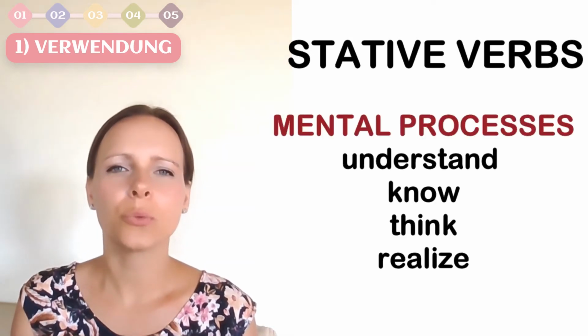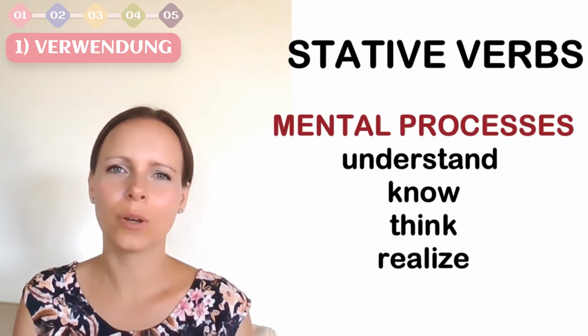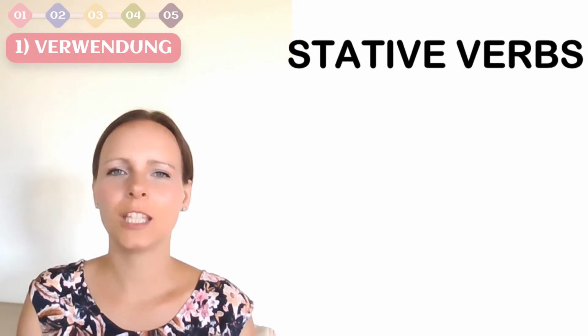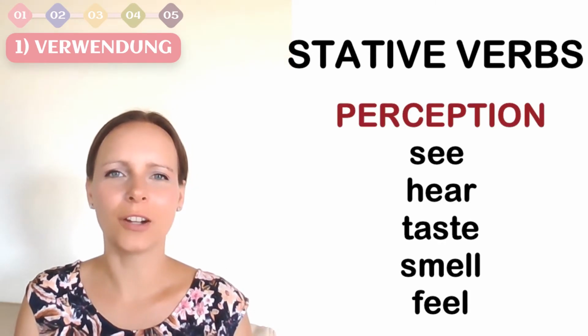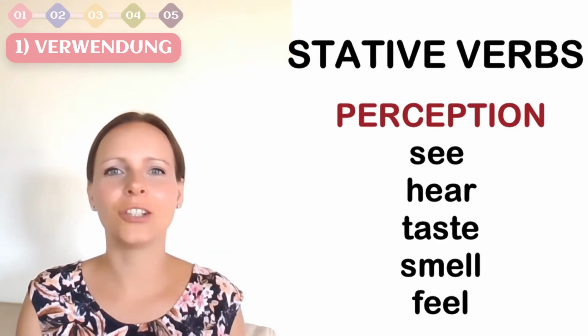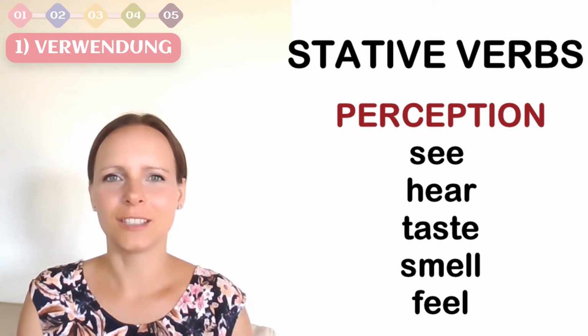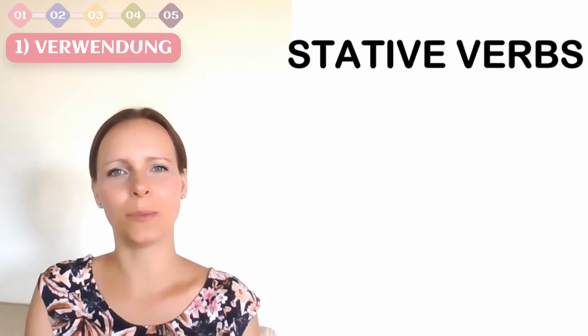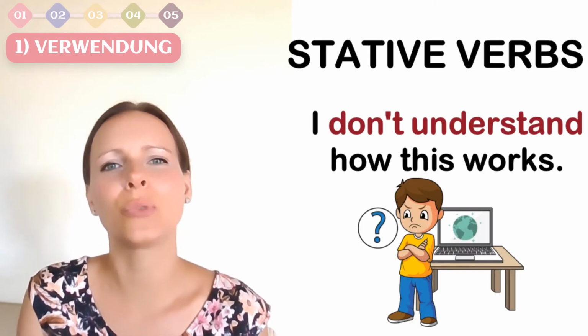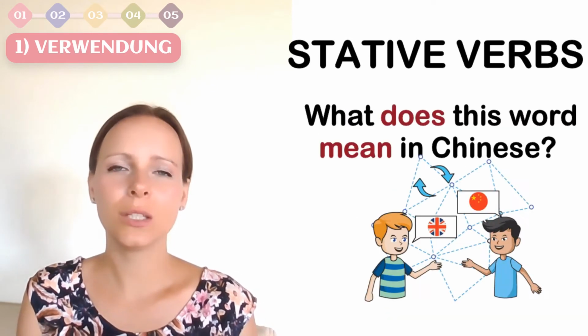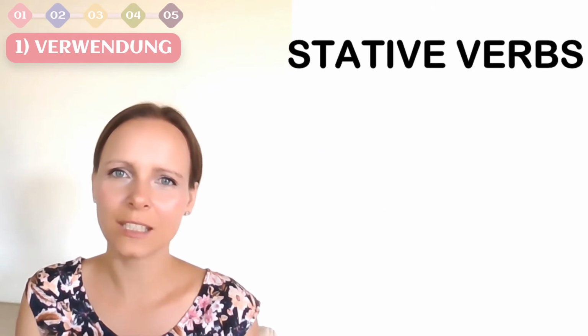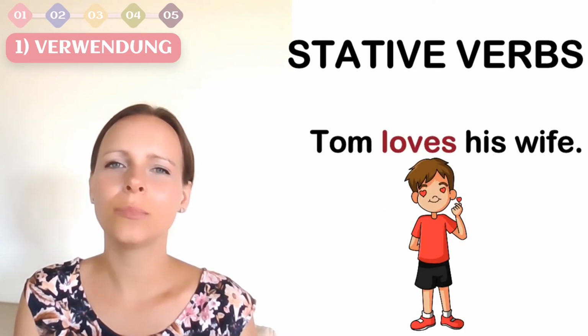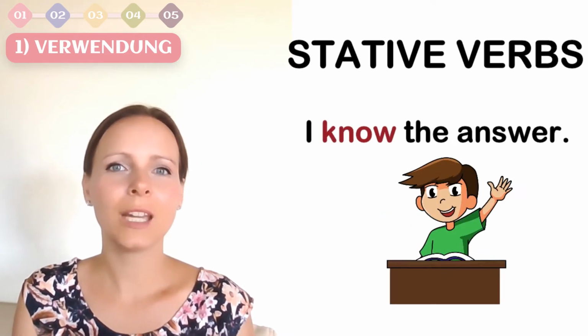For mental processes, we have understand, know, think, realize. And the verbs of perception are see, hear, taste, smell, feel. For example, I don't understand how this works. What does this word mean in Chinese? Tom loves his wife. I know the answer.